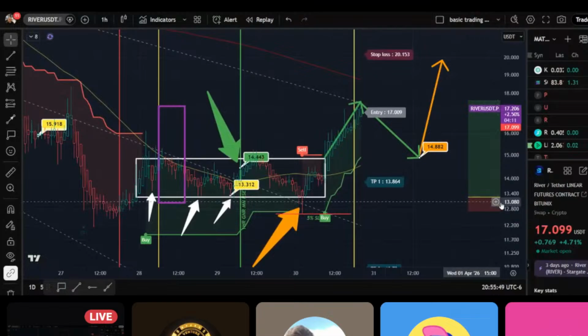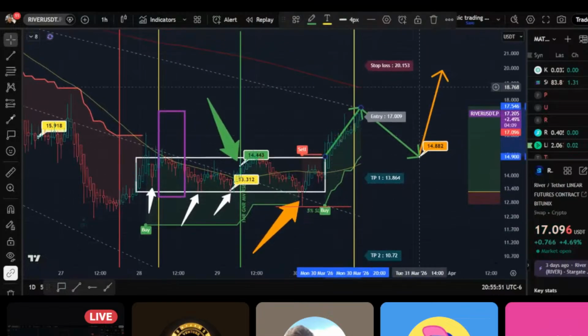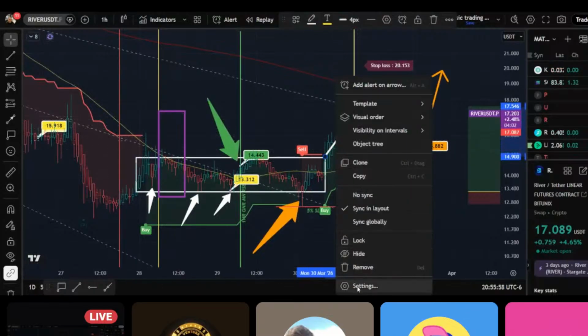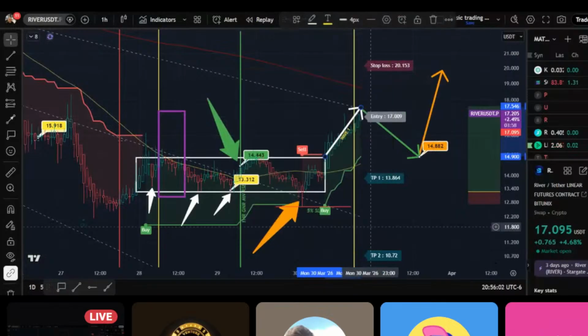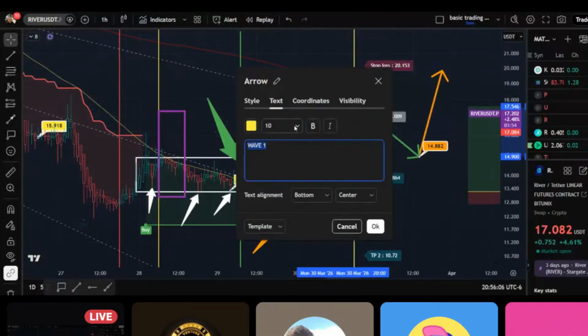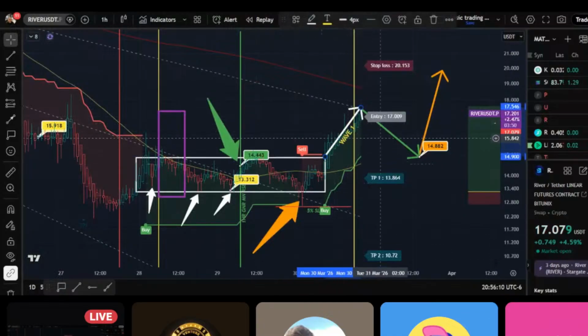And how we tell that we're going to get the breakout, this section here, this is what they would be calling wave one, right? And wave one is also consistent with Elliott waves or stuff like that, right? So this is considered wave one.